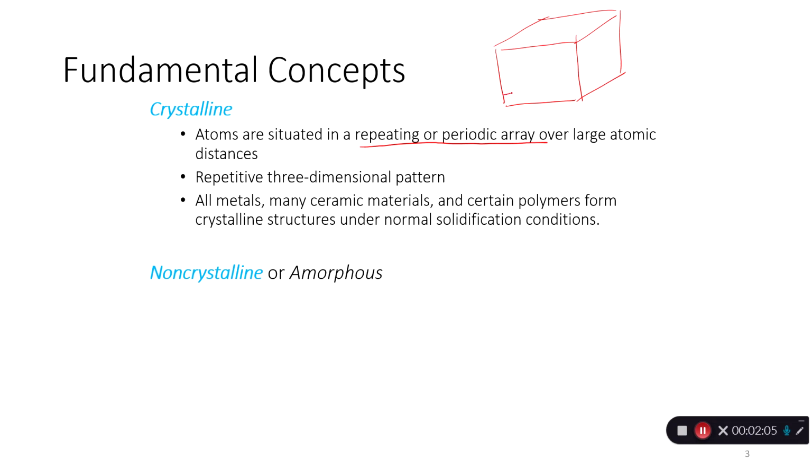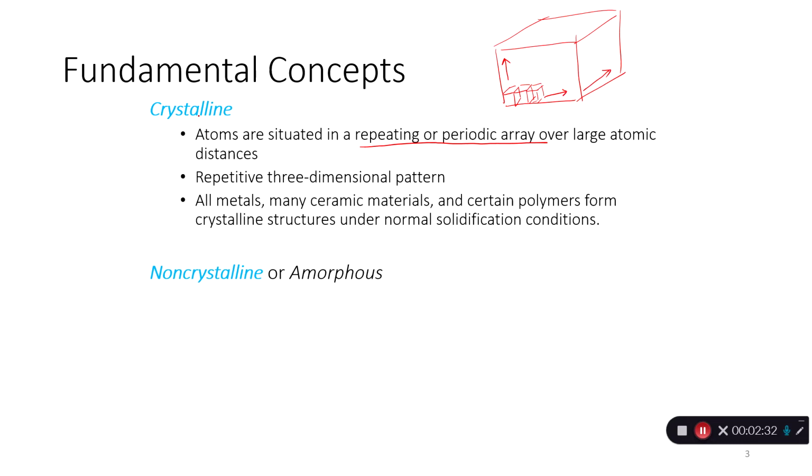That means you can break down this block into smaller blocks, and these repeat themselves over the entire size of the material, in a repetitive 3D pattern. It can go up, to the side, and also in this direction.